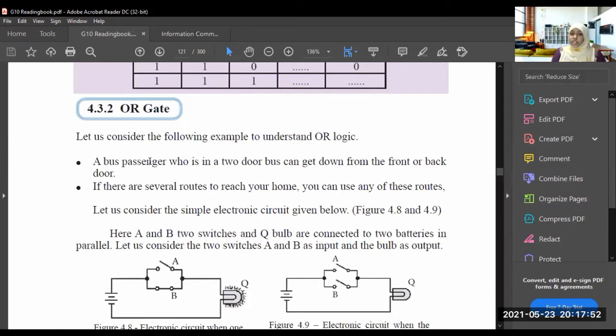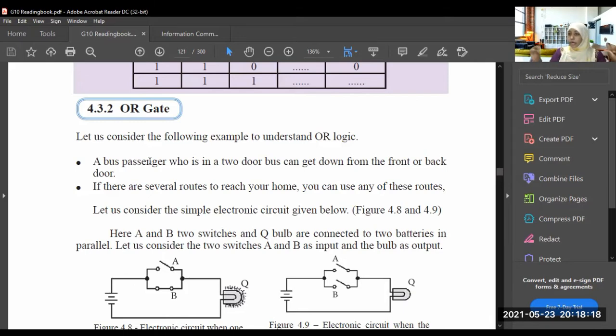A bus passenger who is in a 2-door bus can get down from the front or back door. When a passenger is traveling in a bus, when he gets down from the bus, he can get down from the front door or even from the back door.